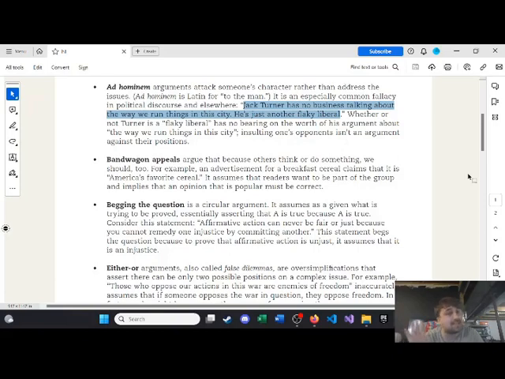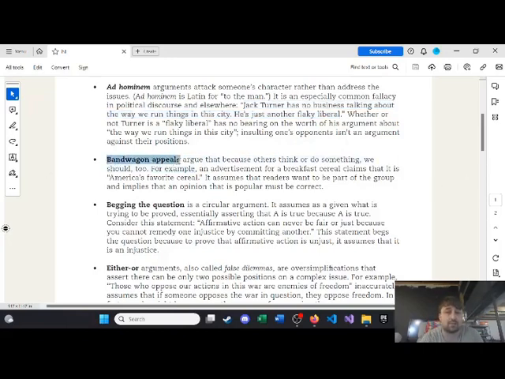Even if he is, he can still talk about business in the city. It doesn't follow that flaky liberals can't talk about that. If you were going to make that case, you would have to explain why being a flaky liberal makes you unable to talk about the way we run things in the city. You have to explain that because one doesn't follow from the other.